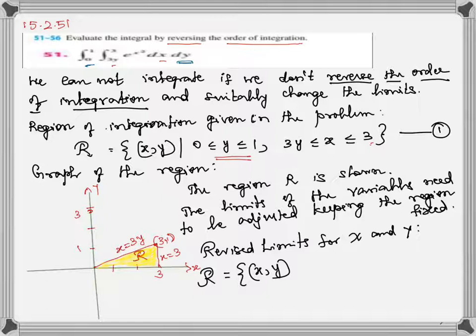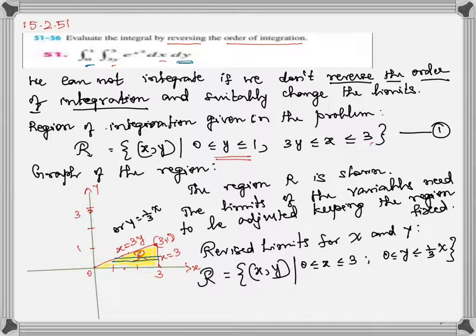If you look at the figure, x runs from 0 through 3, so 0 is less than or equal to x less than or equal to 3. And y can vary from y equal to 0 to y equal to 1/3 of x, since x equal to 3y can be solved for y, which is x over 3. So these are the new limits for us.